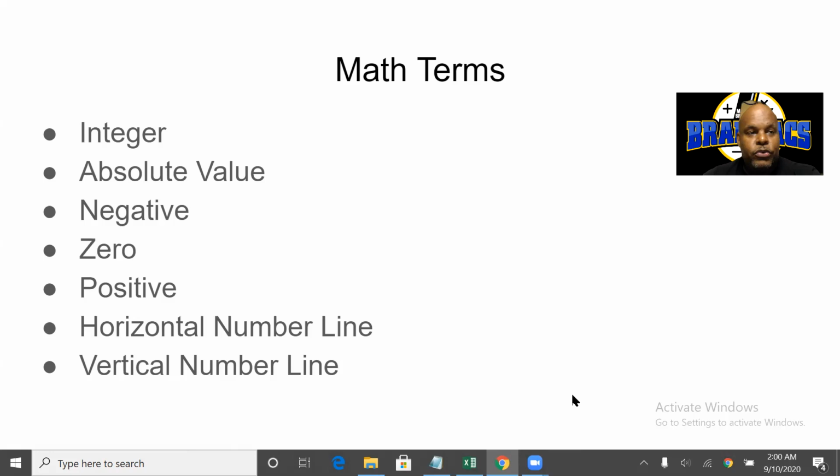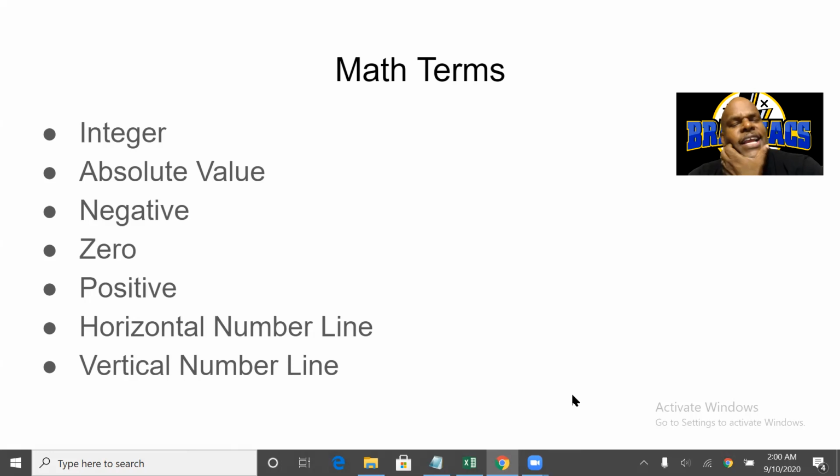So the absolute value is the magnitude, the weight, the worth of the number, regardless of whether it has a positive or negative sign to it. So both 4 and -4 have the same absolute value of 4.